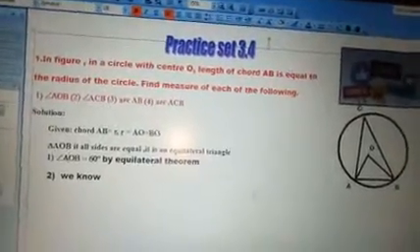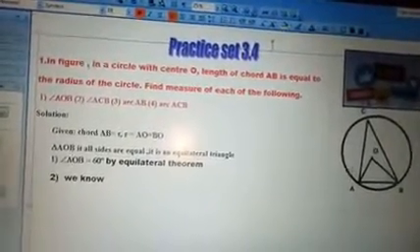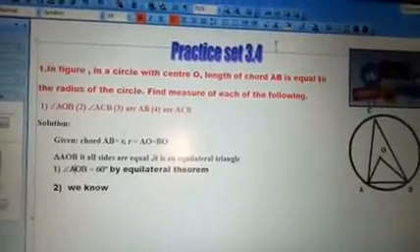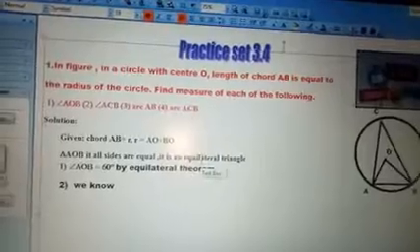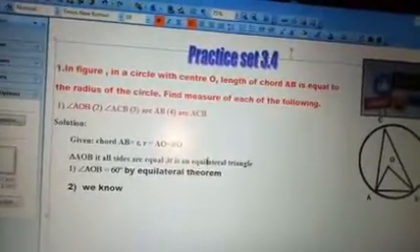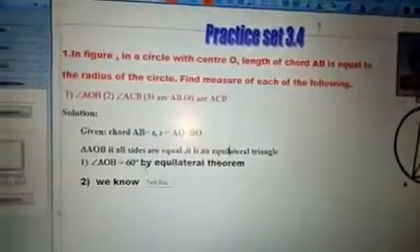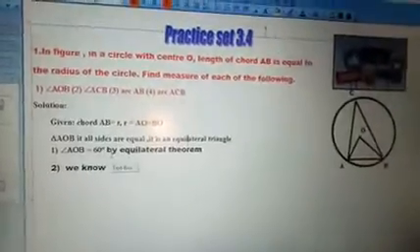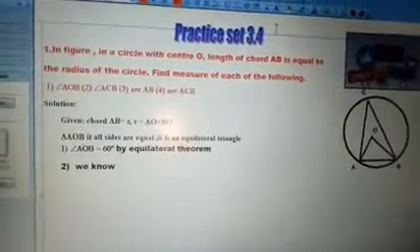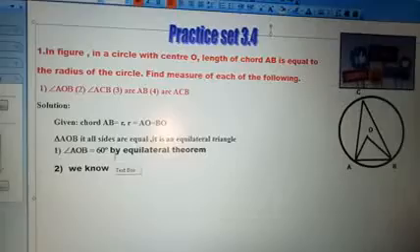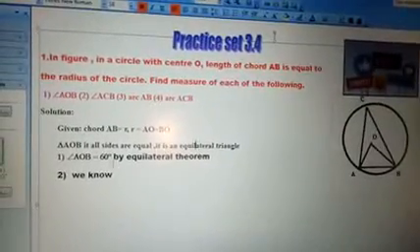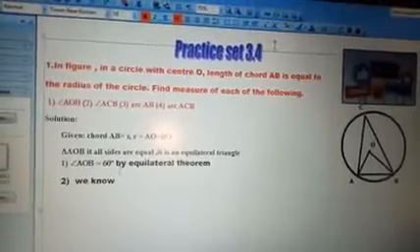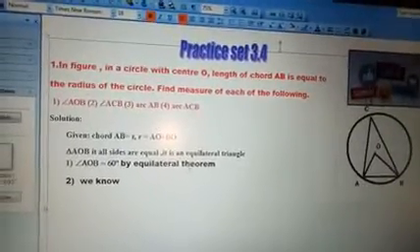If we consider the triangle AOB, all its sides are equal. It is an equilateral triangle, and we know very well that in an equilateral triangle each angle is equal and each side is also equal. Each angle of an equilateral triangle is 60 degrees. That's why angle AOB is equal to 60 degrees.